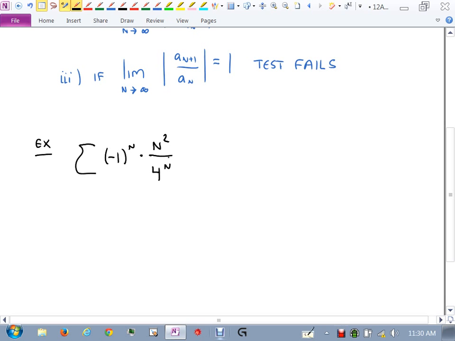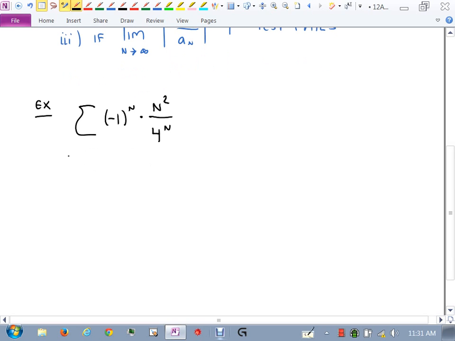Okay, now, could I use the alternating series test? Yes, I could. The only thing I don't really care about with the alternating series test is possibly doing that inequality, showing it's decreasing. I might be a little bit skeptical on that. But let's just see how the ratio test works here, because you've got to get real comfortable with this test.